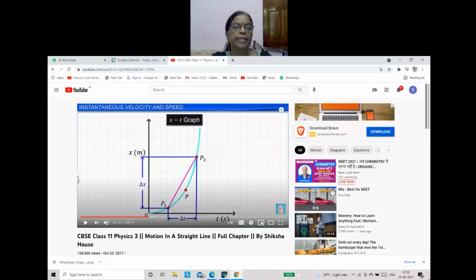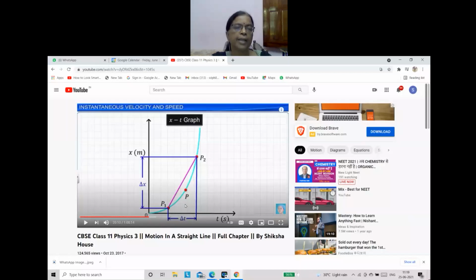That means the change in position. When it is at P1, this is the position. When it is at P2, this is the position. And what are the corresponding times? When it is at P1, this is the time on the time axis. Suppose it is 4 and the other perpendicular meets at 7; 7 minus 4 will be 3.